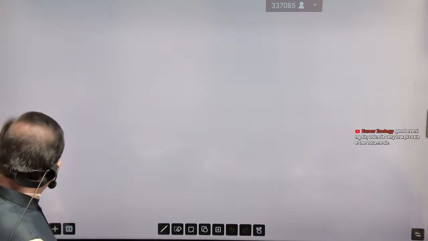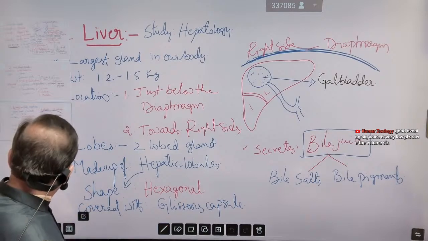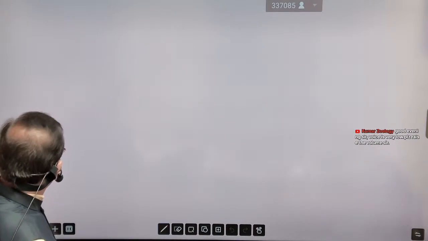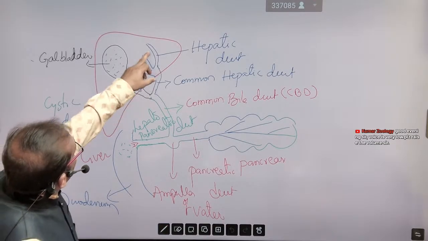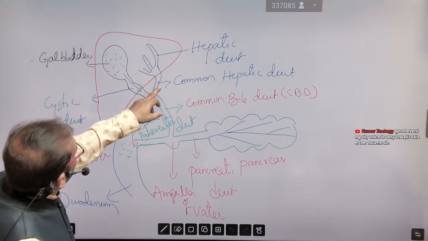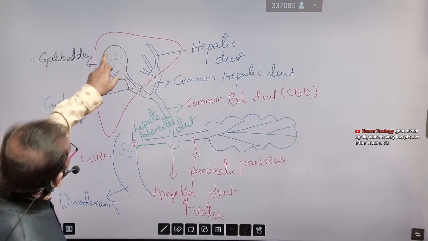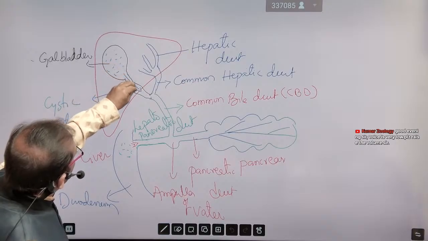And in the second information, hepatic ducts collectively form a common hepatic duct and open into the cystic duct, and the bile juice enters into the gallbladder and is stored there, and then comes into the small intestine for mixing with the food material.